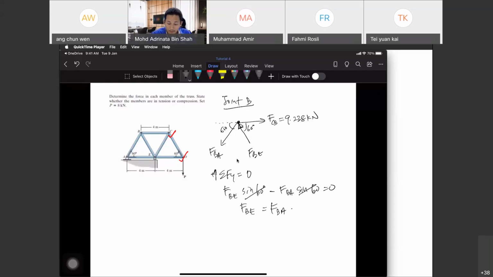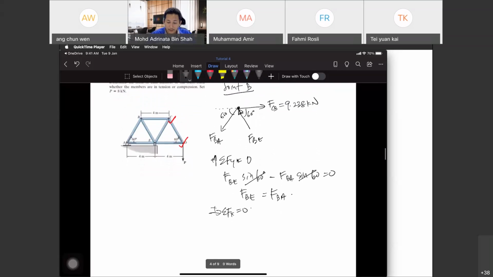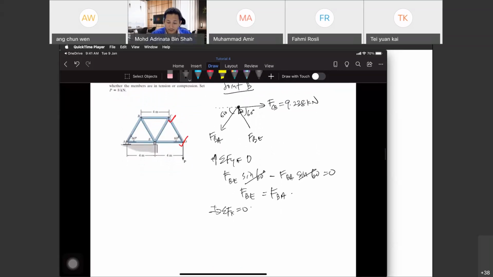And in x direction, we have positive 9.238 kilonewton minus FBE cosine 60 minus FBA cosine 60 equals to 0 in x direction.